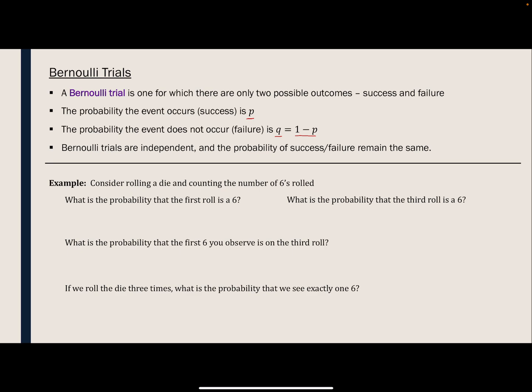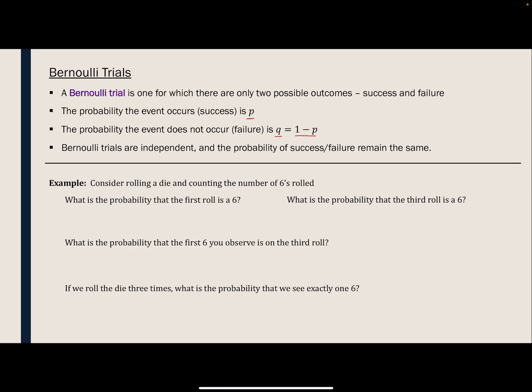Bernoulli trials are also independent, so the probability of success and failure remain the same for all of the trials. An example of this is rolling a die. So we'll go back to rolling a die and observing a 6.